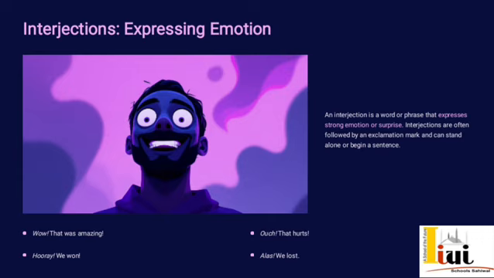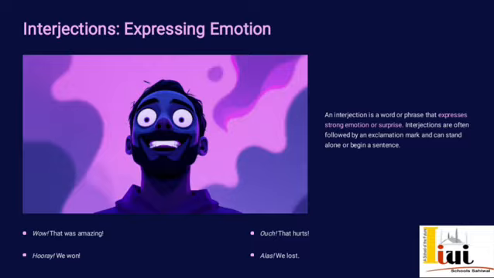Our last topic is interjection. An interjection is a word or phrase that expresses strong emotion or surprise. An interjection is a short word or sound used to express sudden emotions like joy, surprise, pain, or disgust.